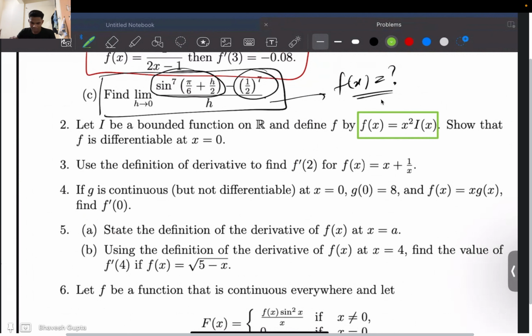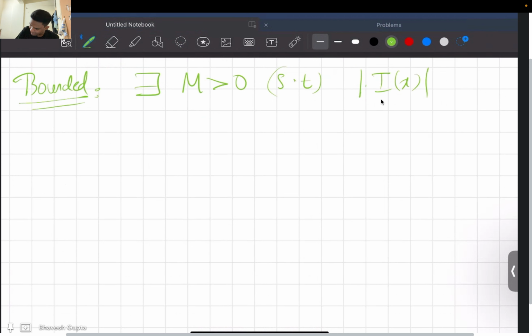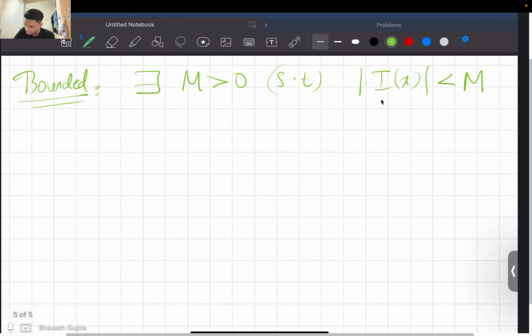That means, since they have used the word bounded, there exists a capital M greater than 0 such that mod of I of x is always less than or equal to M. Let's take a very strict condition like this, for all x belonging to the domain of I.